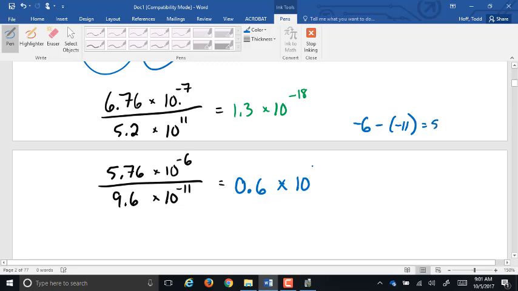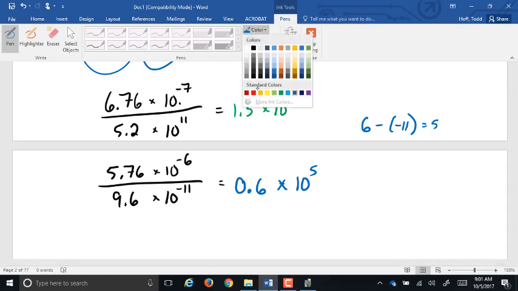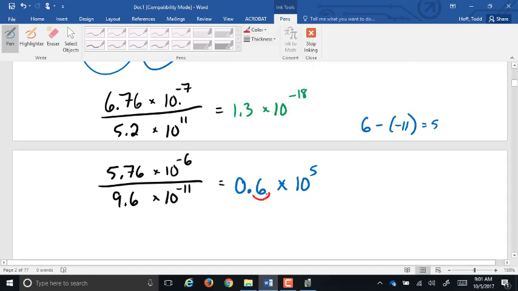Comes out to be a positive 5. You are correct. Are we done? No. Move that decimal. This becomes 6 times 10 to the 4th. Very good. The number got larger, so the power gets smaller. 5 minus 1 is 4.